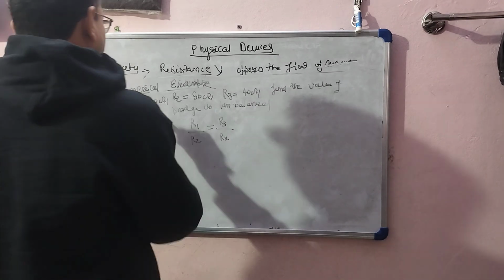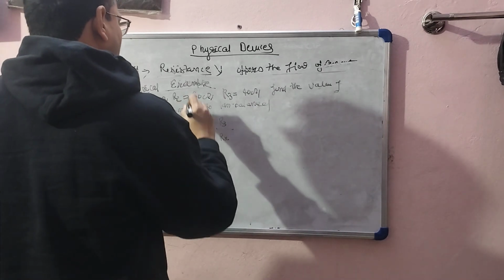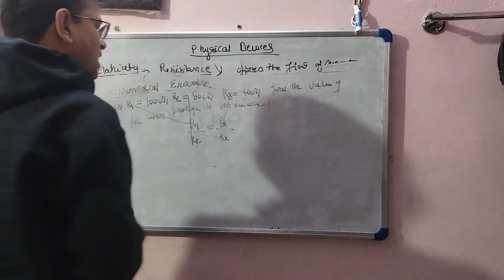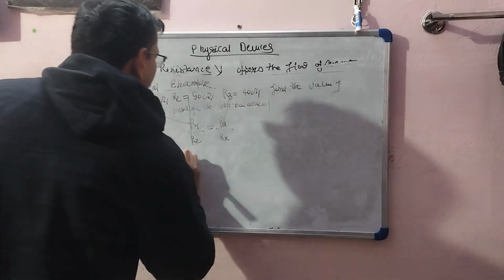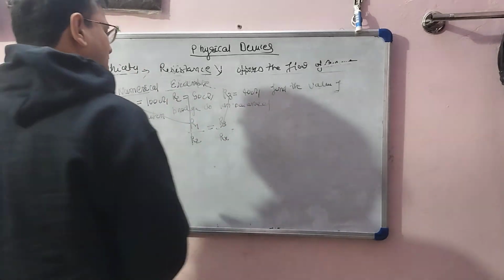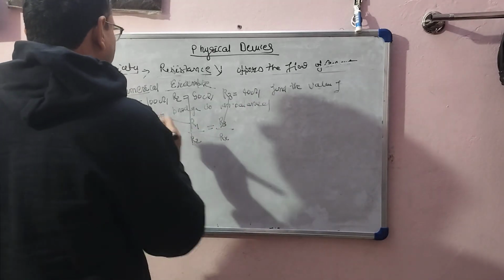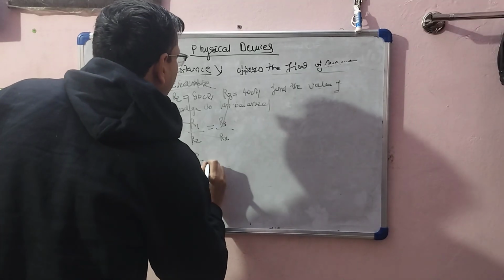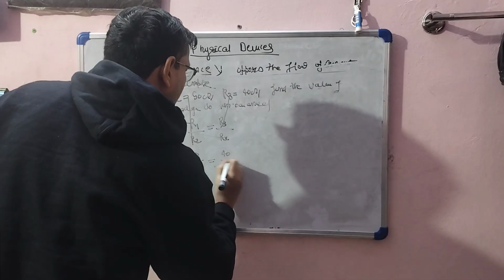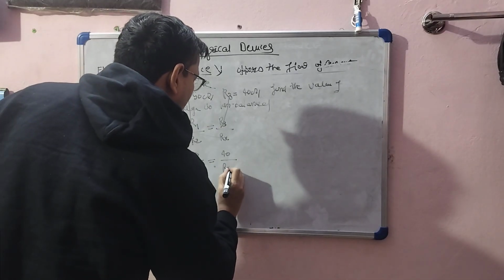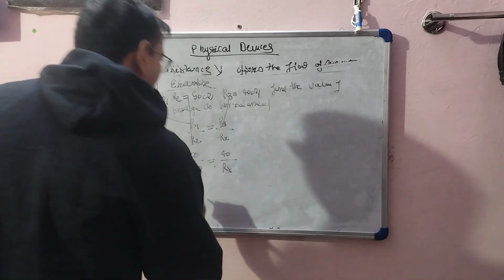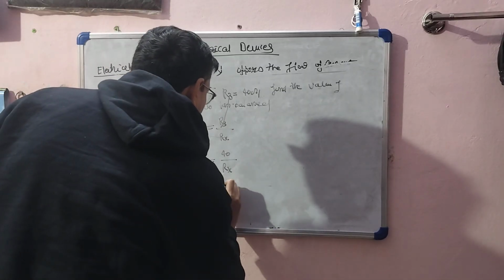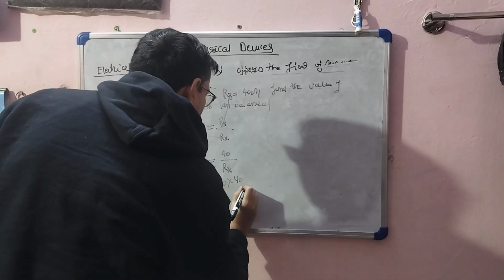We can put the values of R1, R2, R3 respectively: 100, 50, 40, and we need to find the value of Rx. Then Rx value is 50 into 40 by 100.